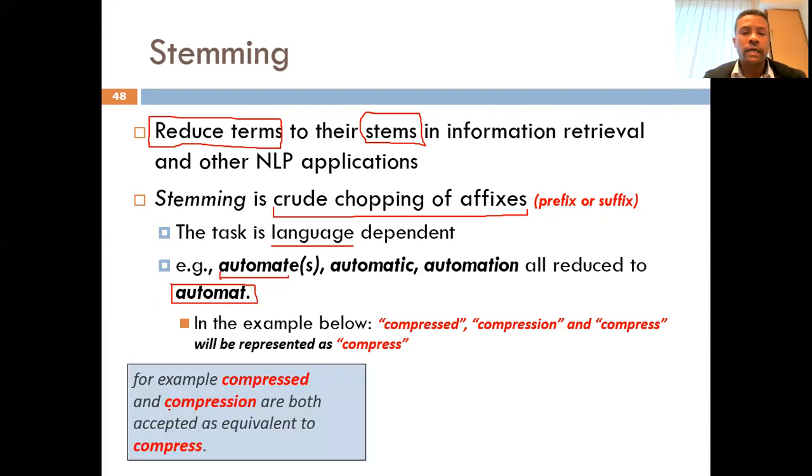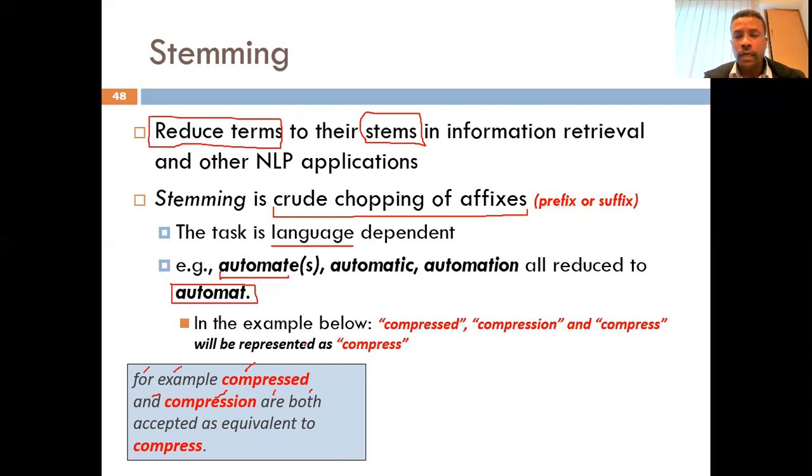So for example, if you see this input, it's a text. For example, compressed and compression are both accepted as equivalent to compressed. So if you simply pick the list of words, as you can see, each of these words appears only once. And for the computer, we know that compressed and compression are different because, if you do a string comparison, all of them are independent words.